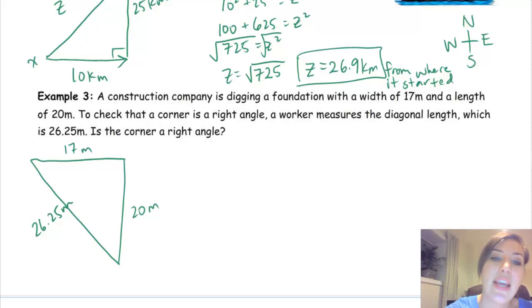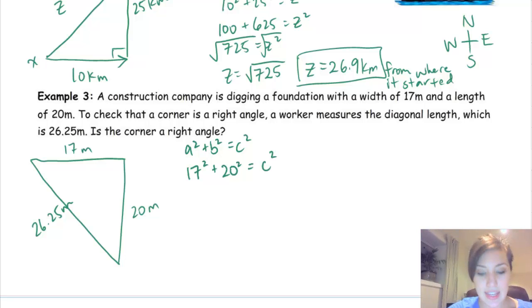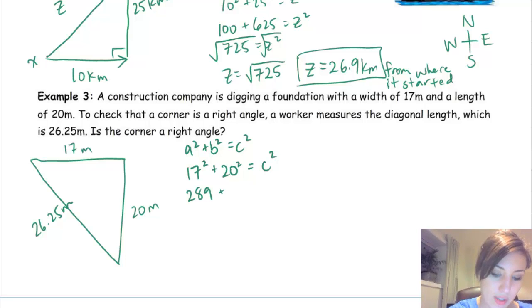The way I like to do it is trusty old a squared plus b squared equals c squared. So 17 is one leg, plus 20 squared, that's our other leg, equals c squared. 17 squared is 289. 20 squared is 400. We add these together: 689 equals c squared.